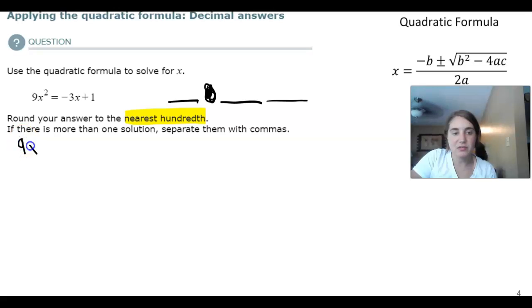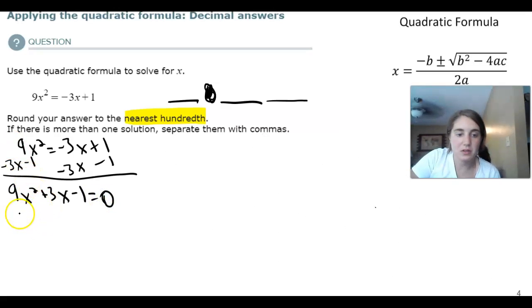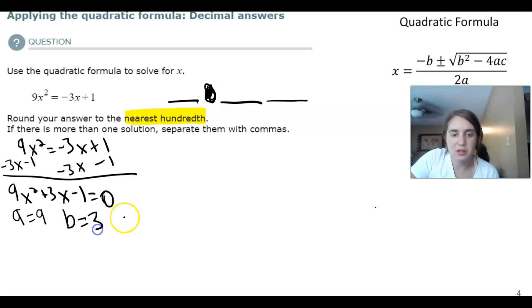This is not in standard form. I'm going to move everything to the other side. So my A equals 9, my B equals 3, my C equals -1.